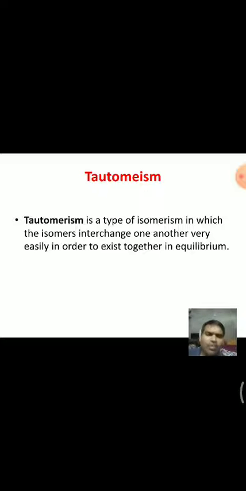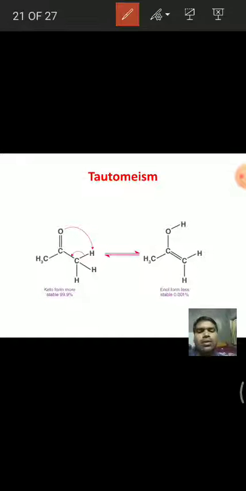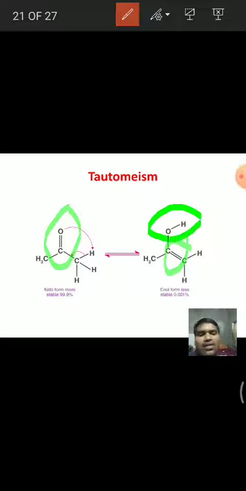There are 14 types of tautomerism, but mainly we observe keto-enol tautomerism. Keto-enol tautomerism means there is an equilibrium between the keto form and the enol form. Keto form means the C double bond O form, and here this is 'en' and this is 'ol'.